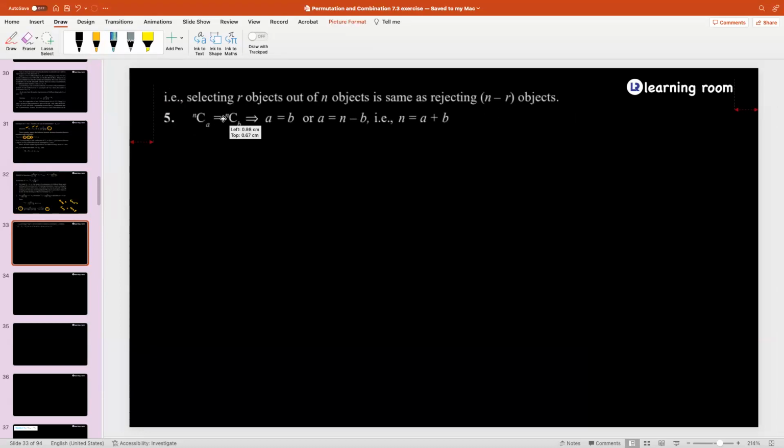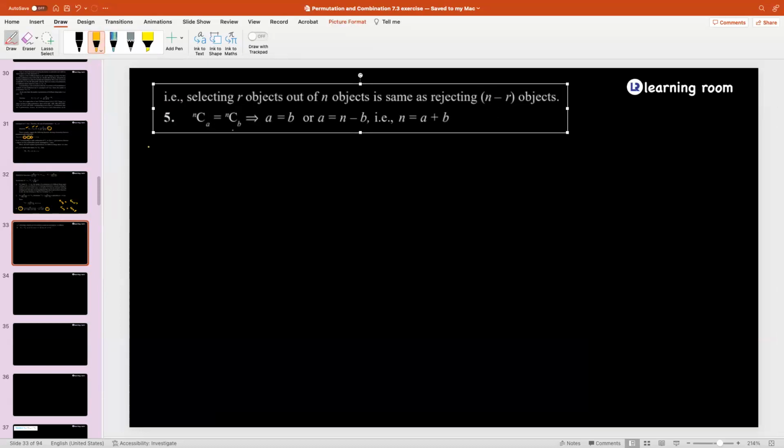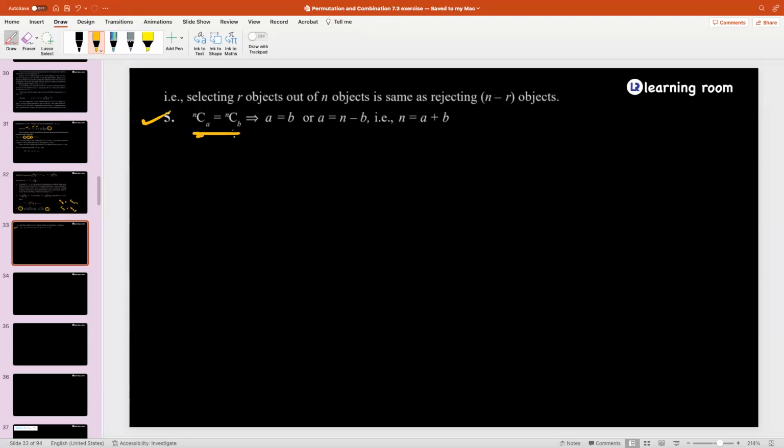Similarly, nCa is equal to nCb is possible when the value of a is equal to b, or a is equal to n minus b. Or we can write n is equal to a plus b.